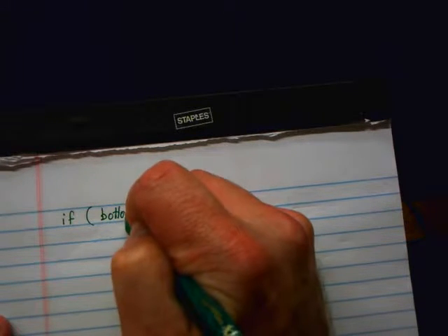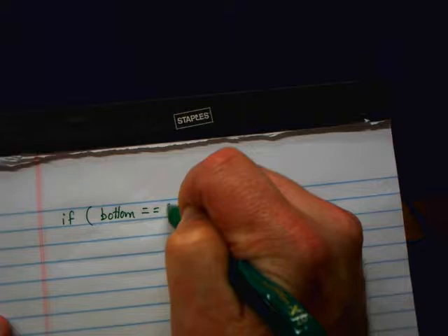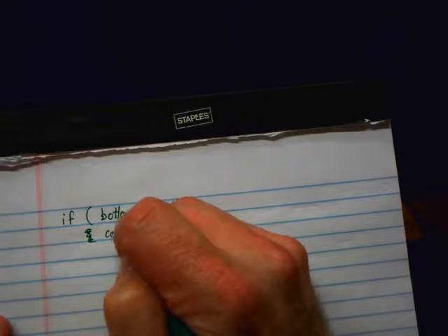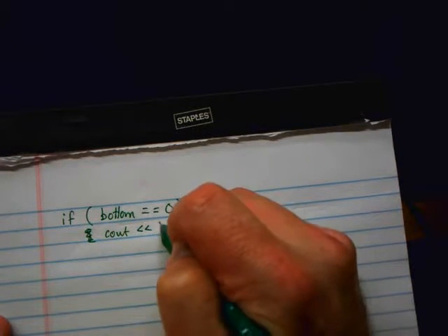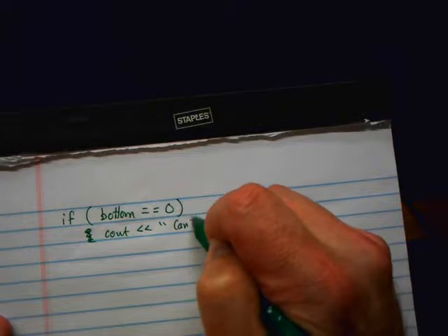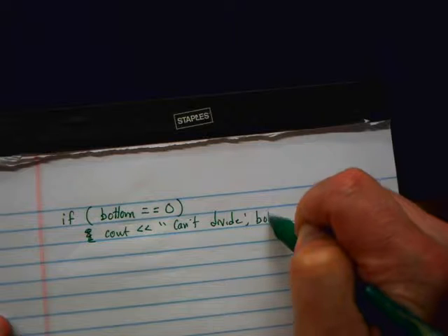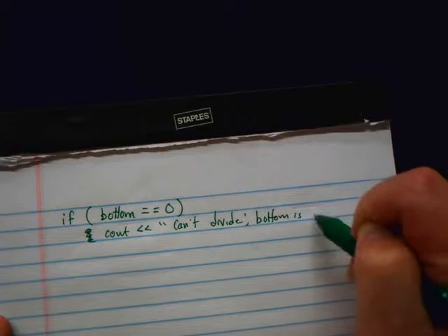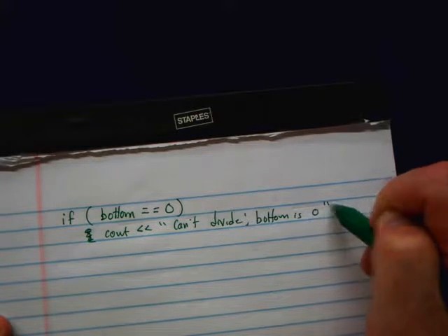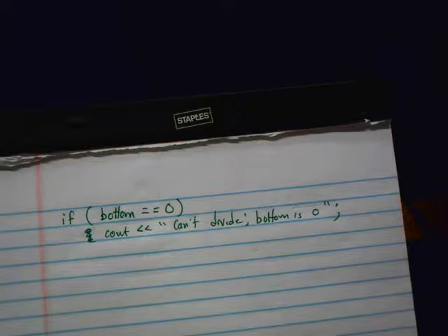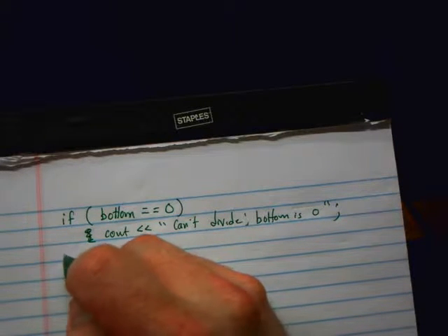So anyway, the other day I think I had something like if bottom equals 0, and I told it cout "Can't divide. Bottom is 0." And then I think I had an else.